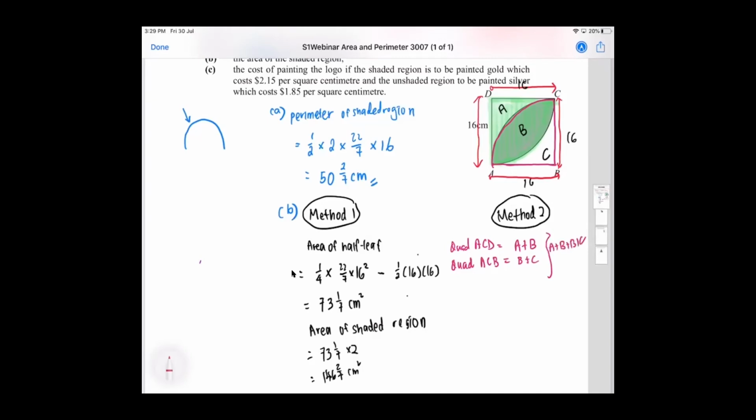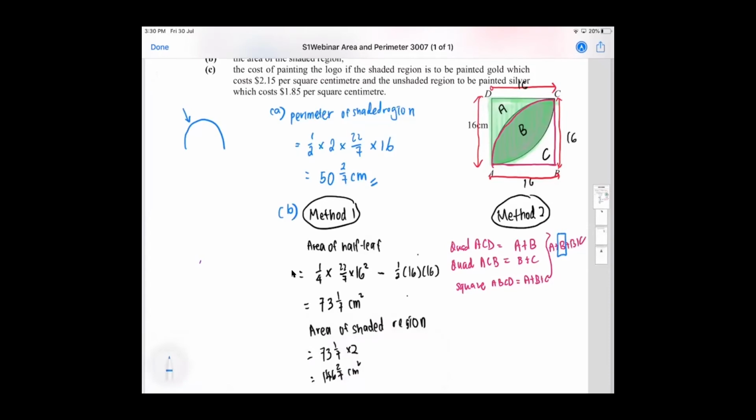And A plus B plus C actually gives me the area of the square. The square ABCD is actually A plus B plus C. So if I want to find this shaded area, this shaded area is actually area B. I just have to take the sum of the two quadrants minus away the square.